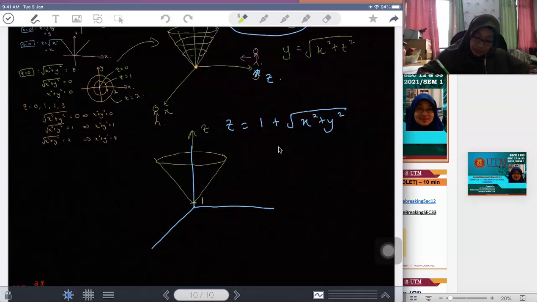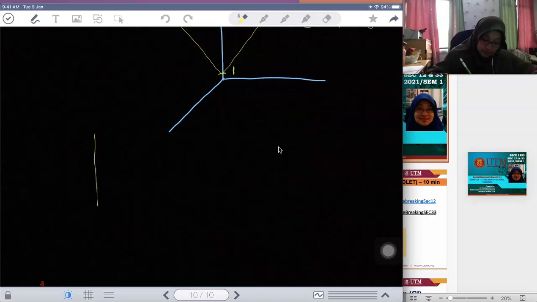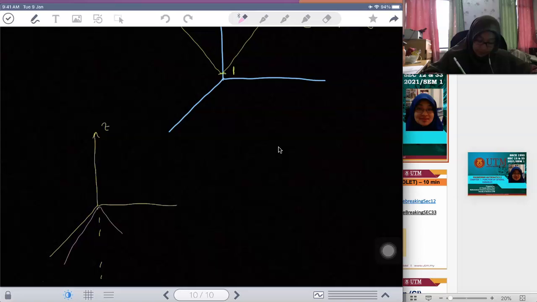Similarly, if I change to 1 minus the square root of x squared plus y squared. Firstly, we are thinking about negative z, so we have something like down, concave down, right? So your cone is concave down. This is x, this is y.